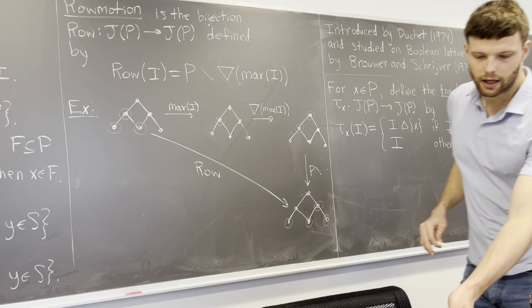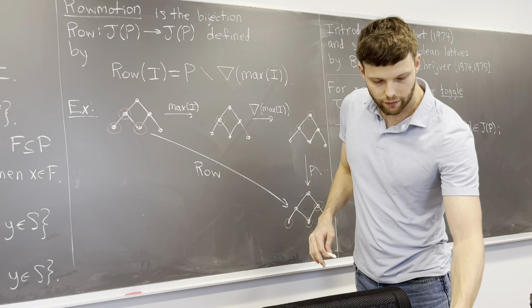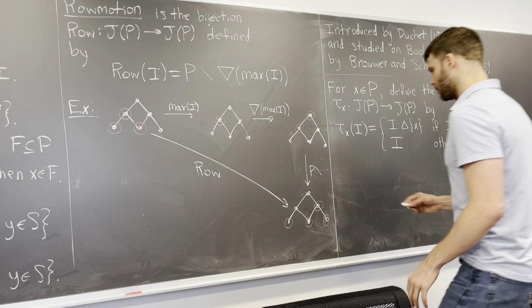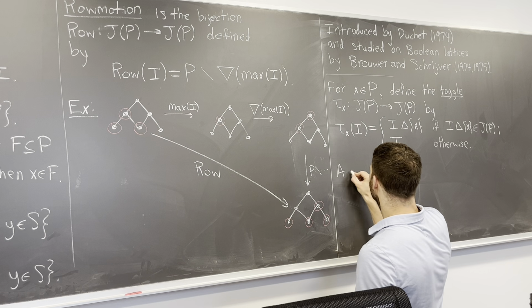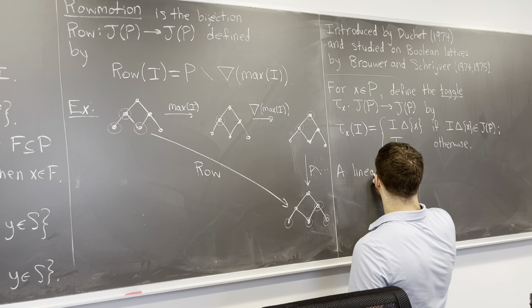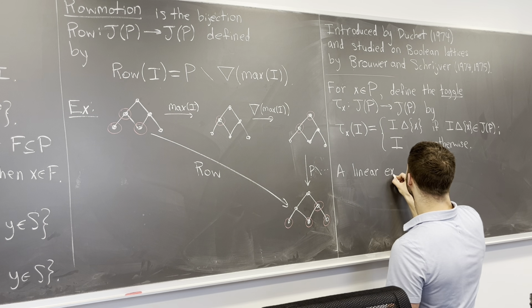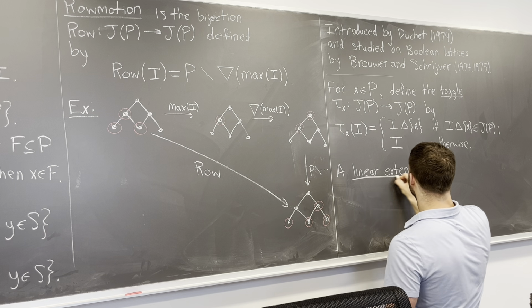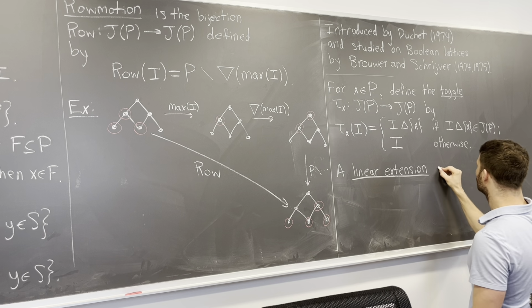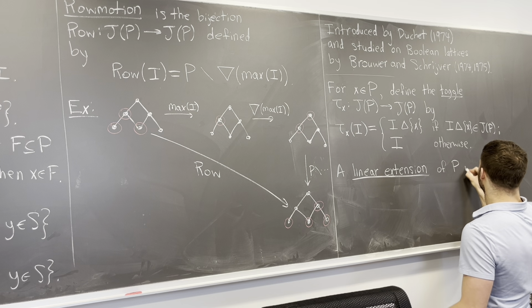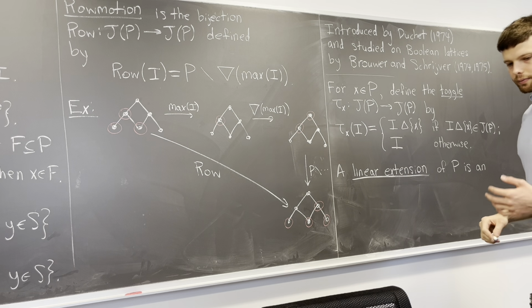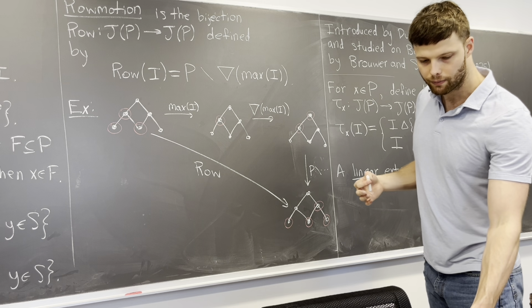So in order to define how to do this, I need one other definition, which is important. A linear extension of P is an ordering of the elements of P that preserves the order.